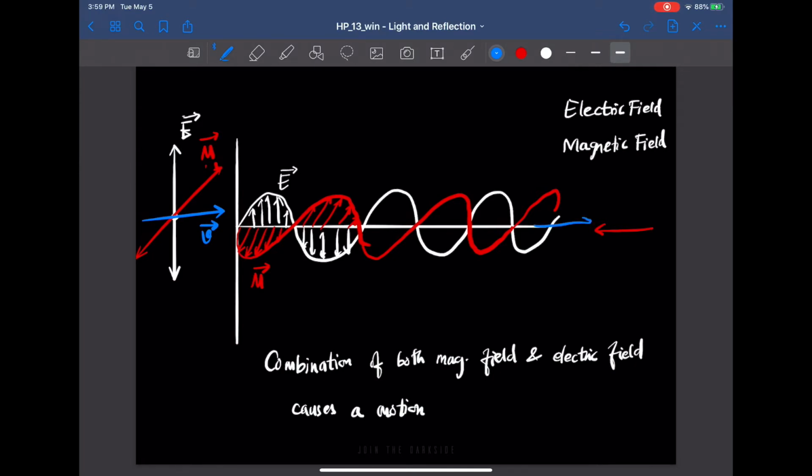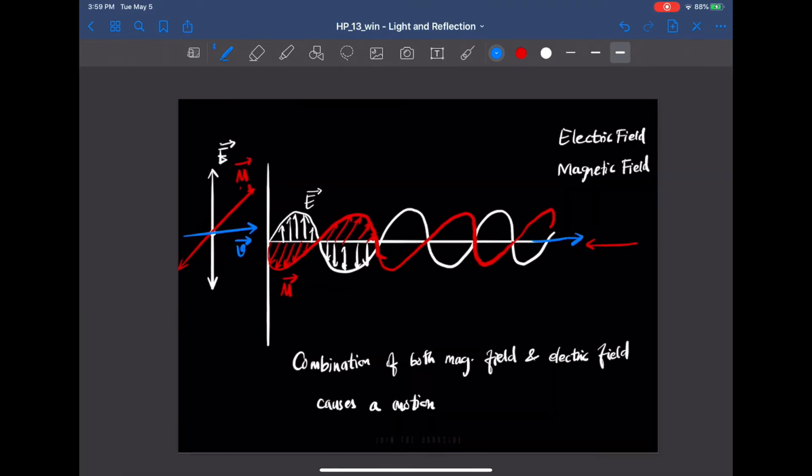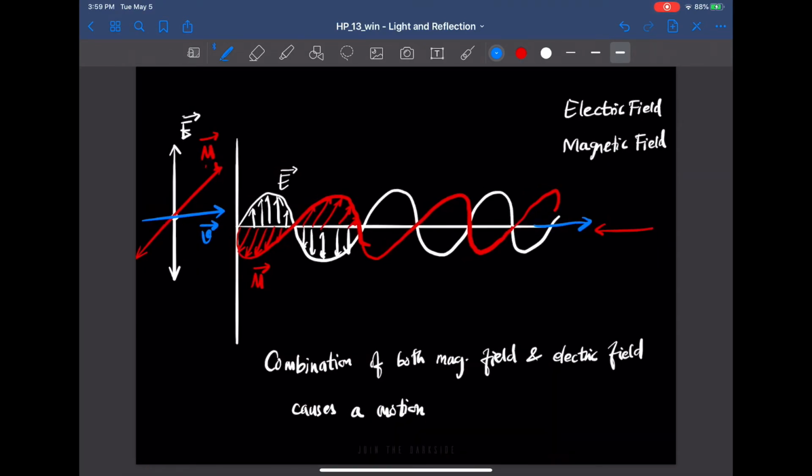So this is how the wave propagates. Notice that all of them are in perpendicular directions to each other. That causes a motion perpendicular to both the electric field and the magnetic field.